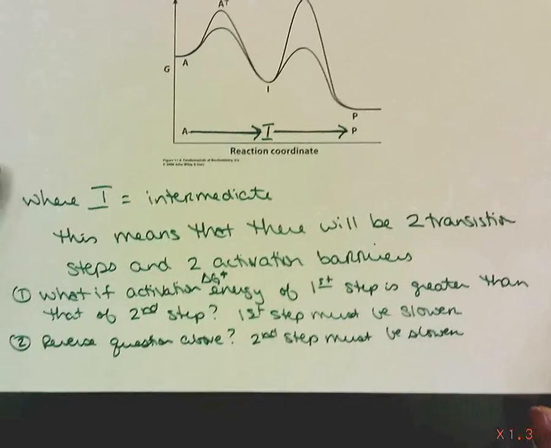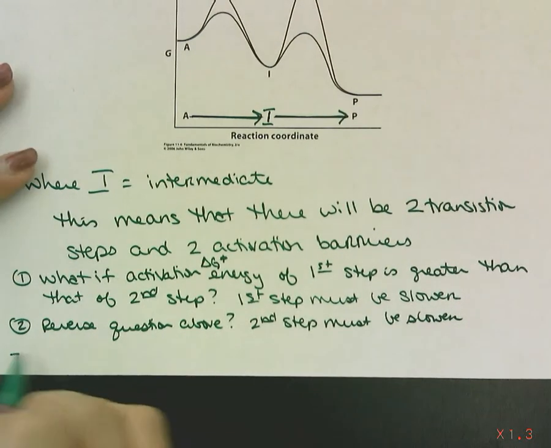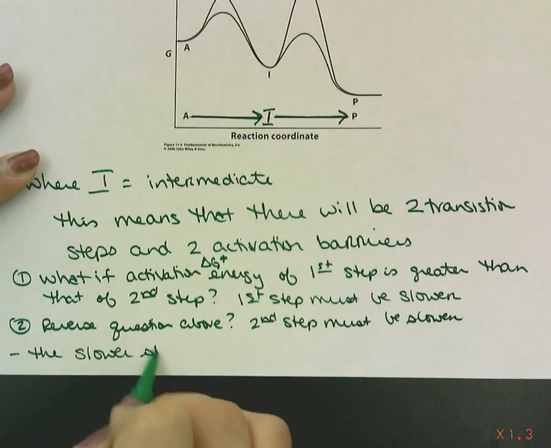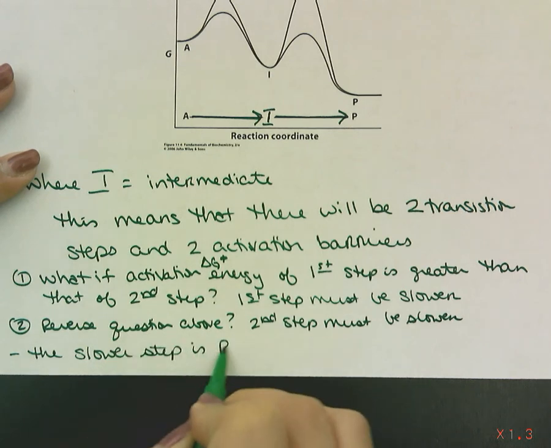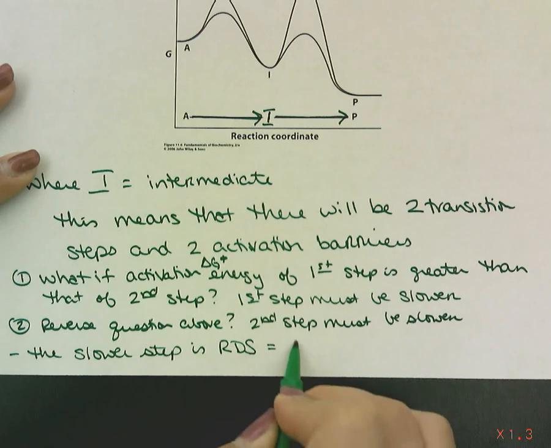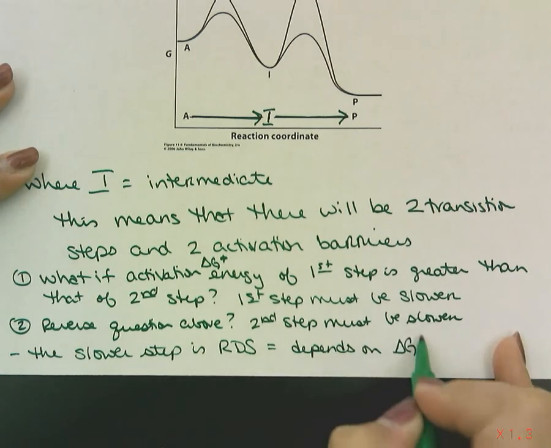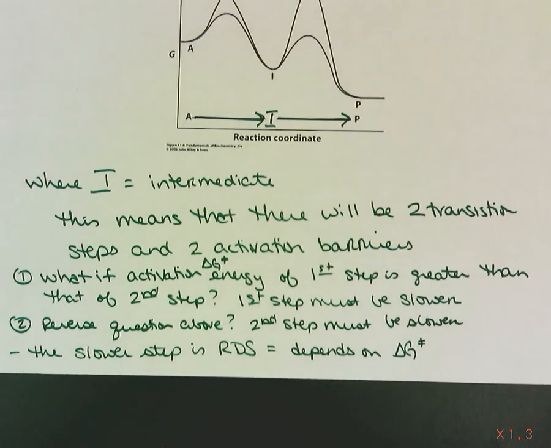Oh, I have a little bit of space down here. So the slower step is the rate determining step, which is directly related to the delta G double dagger. So in the first case, the first step must be slower.